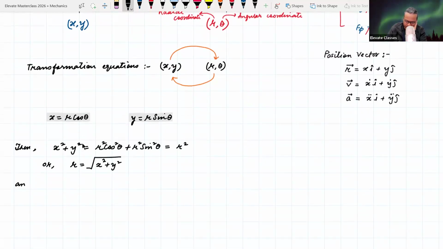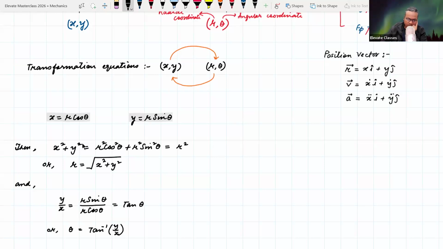And if I say y upon x, this will give us r sin theta upon r cos theta. So this is equal to tan theta. So then I can say theta is equal to tan inverse y upon x.